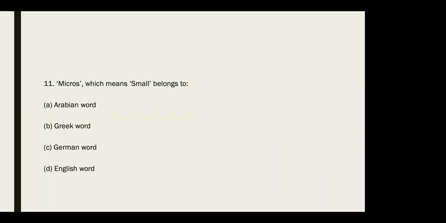A crude thing to remember is wherever you see OS in the end, they are mostly from Greek literature. So you will be confused with Greek and Latin because most of the key terms which come in our studies are derived from Greek and Latin. So be aware of Greek and Latin.